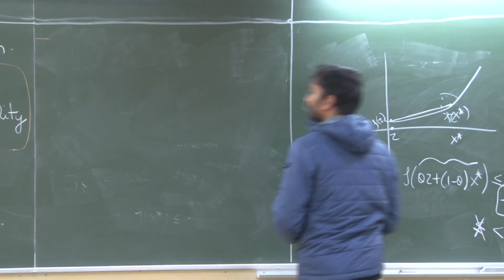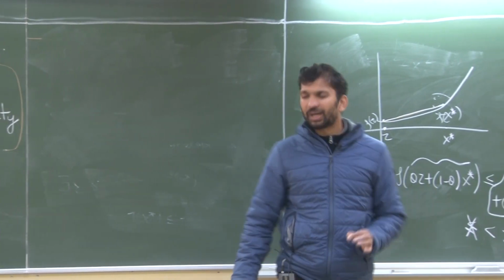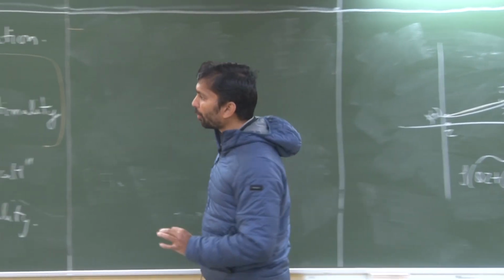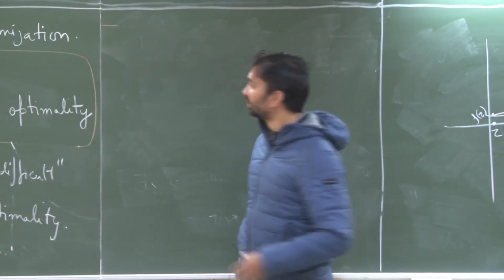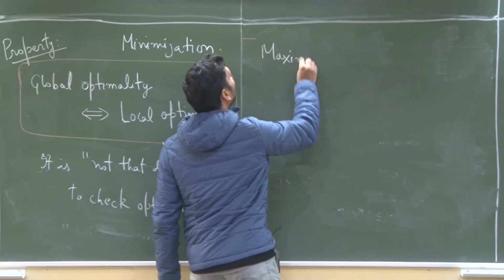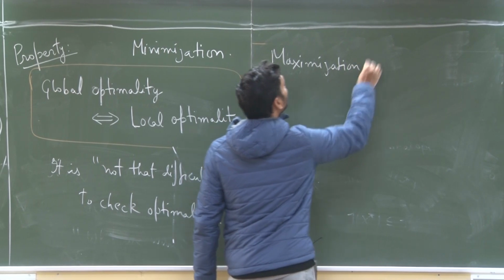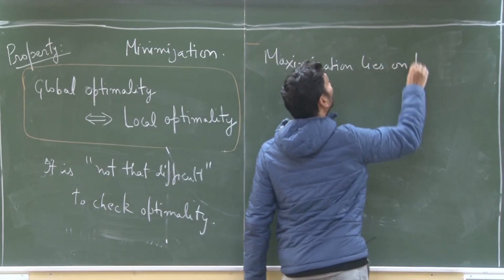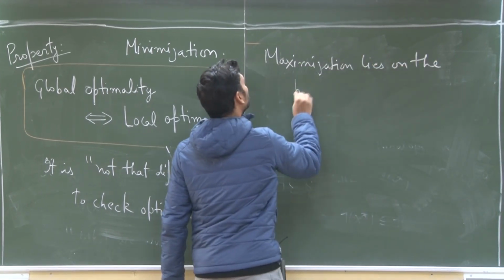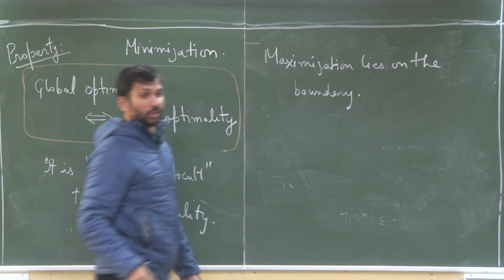But before I give you the idea of the algorithm for linear programming, I also want to say one more property of convex functions, which is that maximization lies on the boundary.